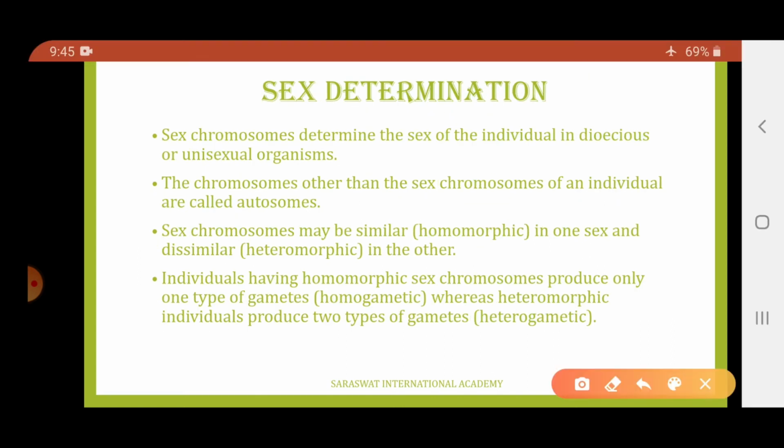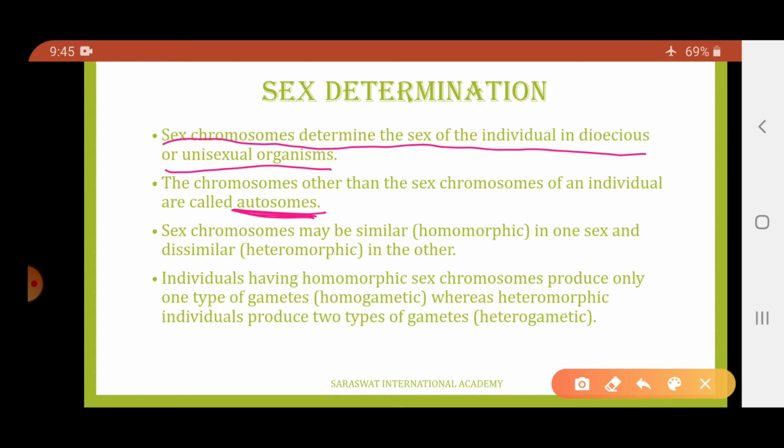Now, how will sex determination take place? Sex chromosomes determine the sex of the individual in dioecious or unisexual organisms. Now, all the chromosomes other than the sex chromosomes of an individual are called autosomes.